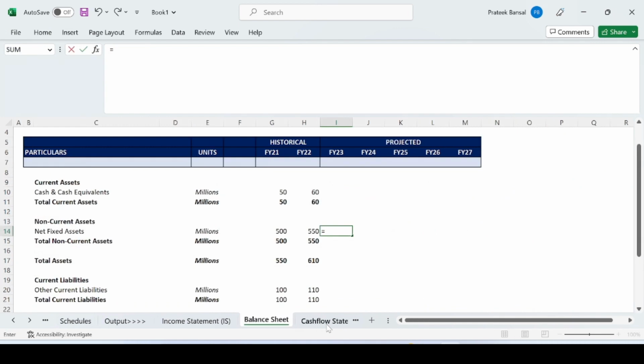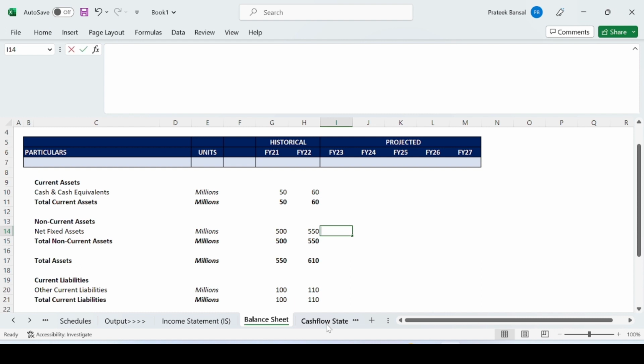How? We all know that in the balance sheet, net fixed asset means gross amount minus depreciation or accumulated depreciation is equal to net fixed assets, right? So the amount that we are going to show in our balance sheet will be a net amount.